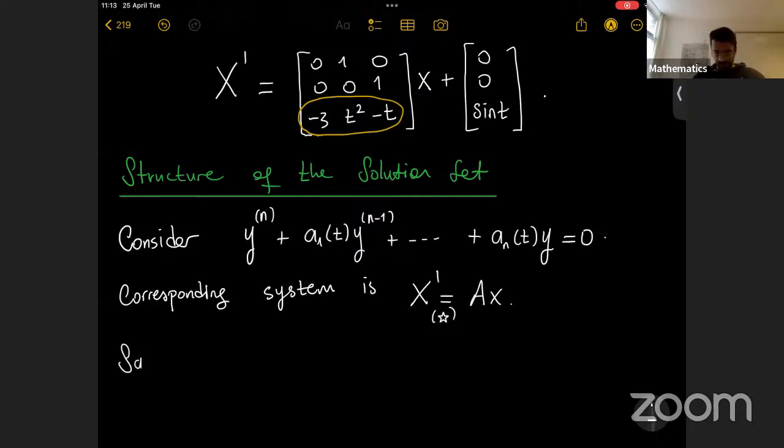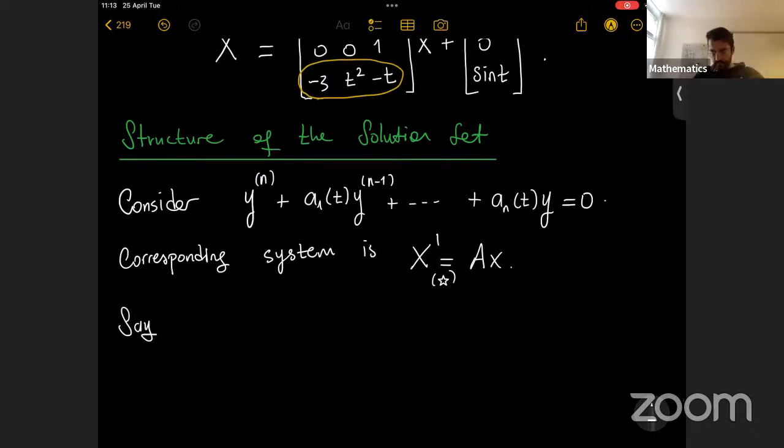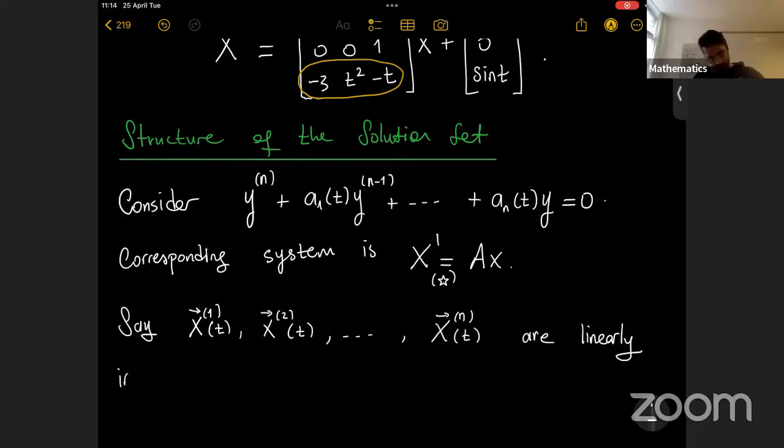So say x1 t, x2 t, up to xn t, these are vector functions, are linearly independent solutions of star, this linear system.